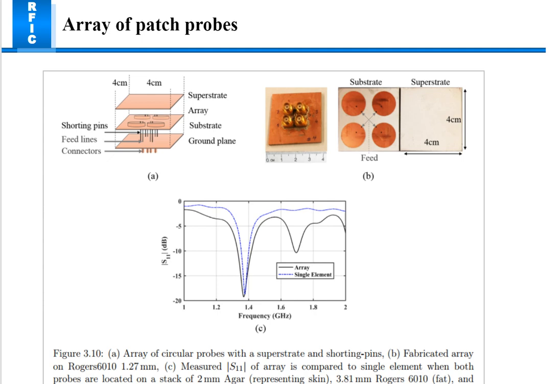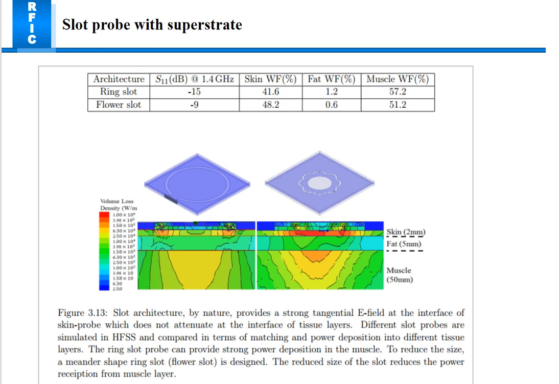And next was the slot probe with superstrate. In this you can see a small meander ring slot and a flower slot, with various skin, fat and muscle layers used, and the exact amounts were measured accordingly.